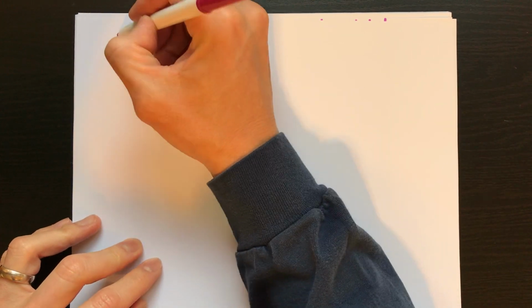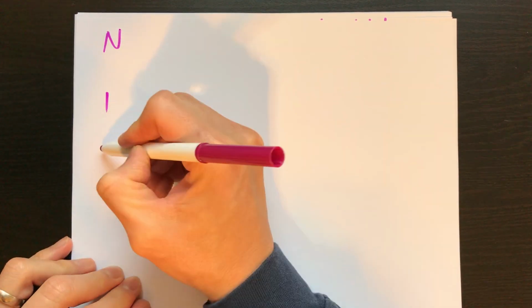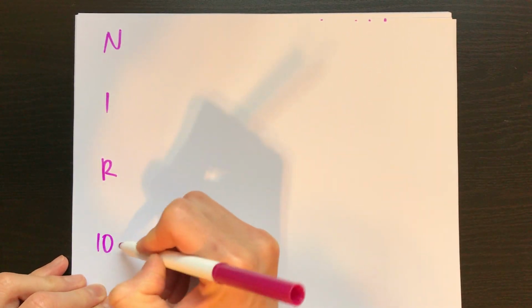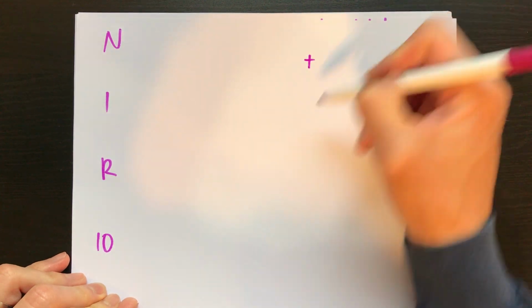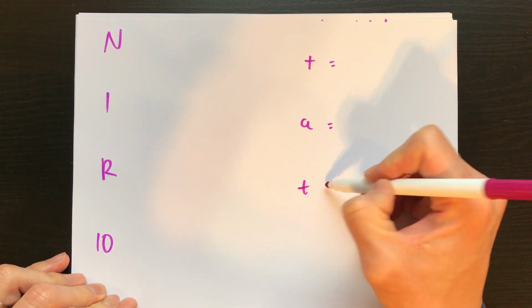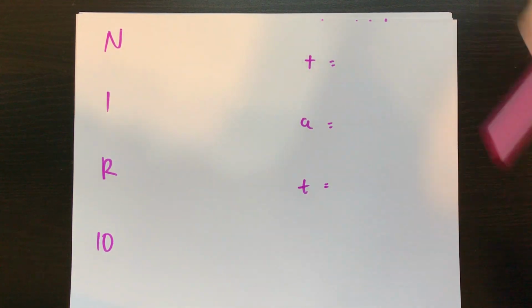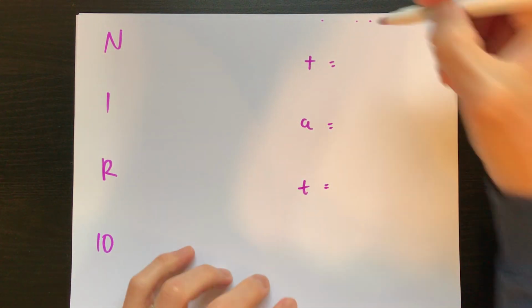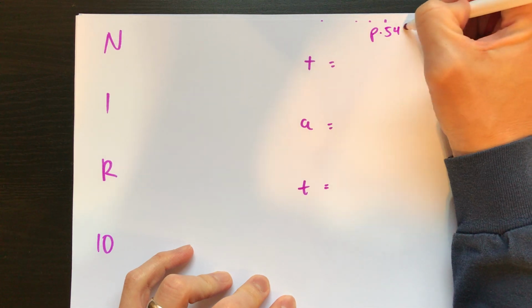Okay, so part 2, we have Nerton, and then we need to talk about T, A, T. I should have given myself a little bit more space. All right, so for the neutral content, this is on page 549.